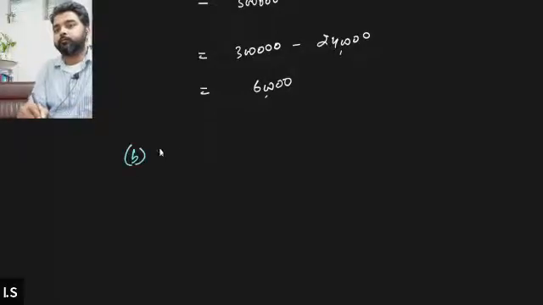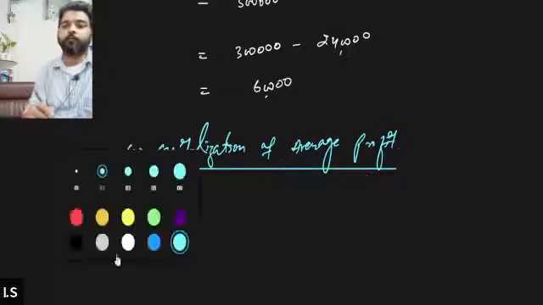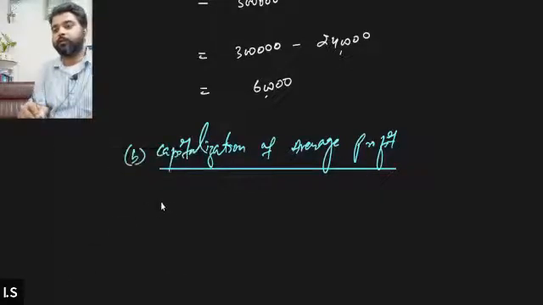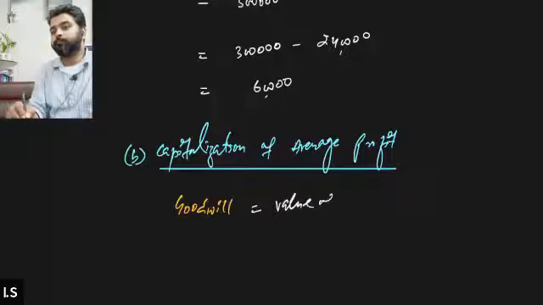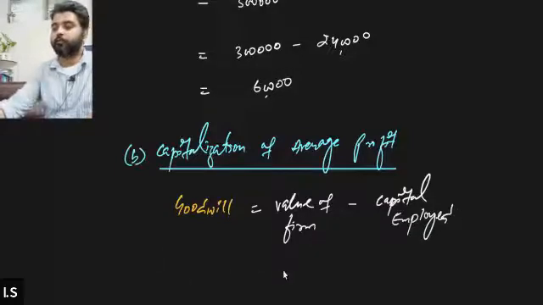So the formula for calculating goodwill in this situation is goodwill equals value of firm minus the capital employed.